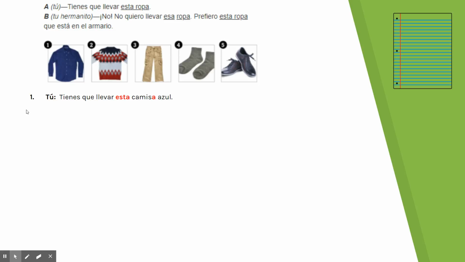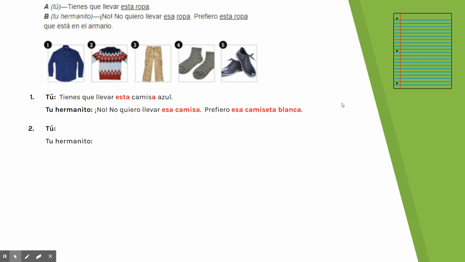I'm handing him a blue shirt. He's going to say, no, no quiero llevar esa camisa. I don't want to wear that shirt. I prefer that white one. He's pointing to another one. Esa camiseta blanca. So instead of the camisa azul, he is asking to wear the white one.